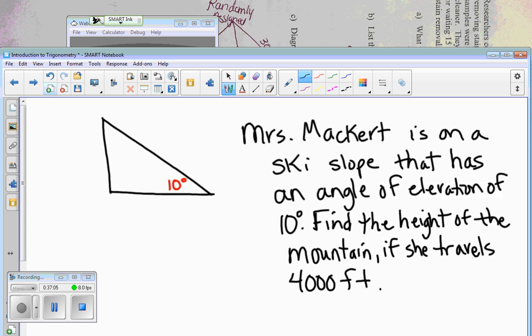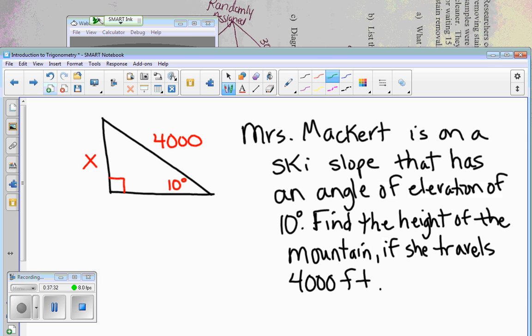Where's x? Yes, this is going to be x. This is your height. That's how tall the mountain is. I skied down the mountain 4,000 feet. So what's that going to be? The hypotenuse. Good.